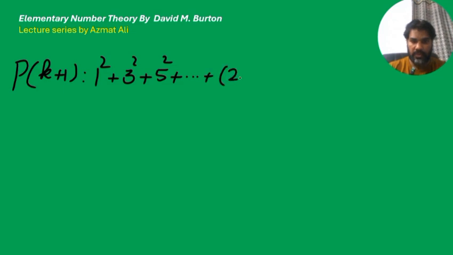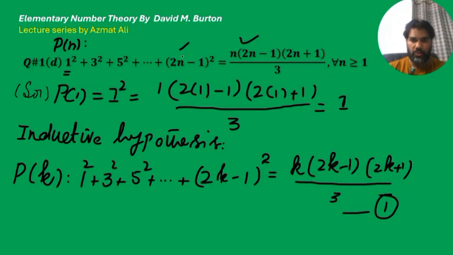This is the second last term, which is given by n equal to k, and the last term for n equal to k plus 1 is this, (2k plus 1) whole square. You can obtain this term just by putting n equal to k plus 1 in the last term.